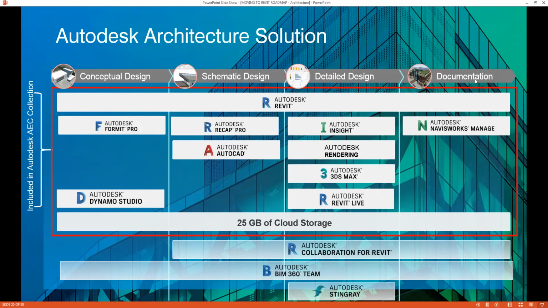These four stages don't cover the entire scope of the design process, because we still have the construction stage, but then we could as well say that the construction stage is meant for those in the construction industry. Okay, so in the concept stage, this software in the AEC collection is what the architect would use. They will use FormIt Pro, they will use Dynamo Studio, and they will use Revit.